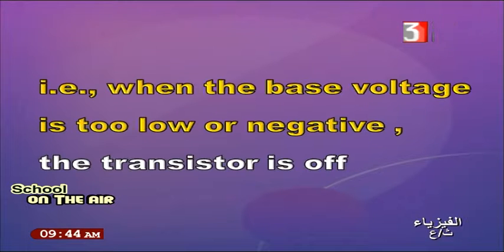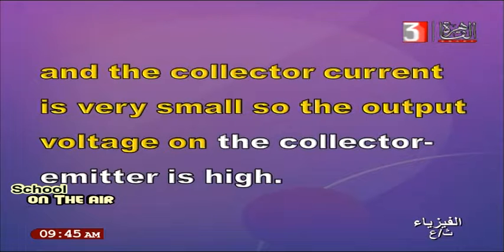That is to say, when the base voltage is too low or negative, the transistor is off. Great. And the collector current is very small and the output voltage on the collector is high.